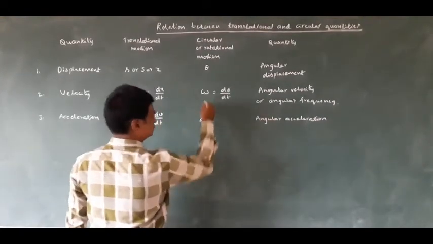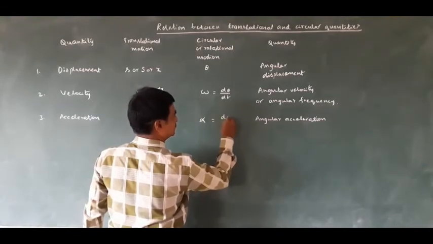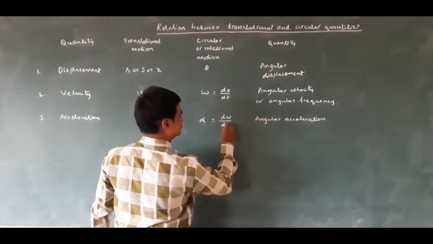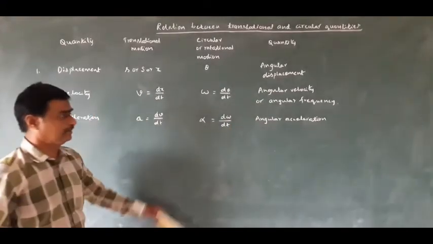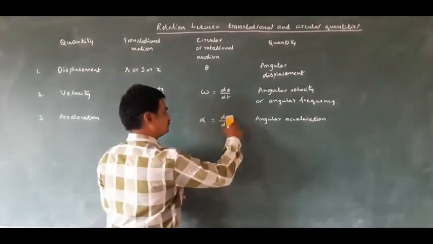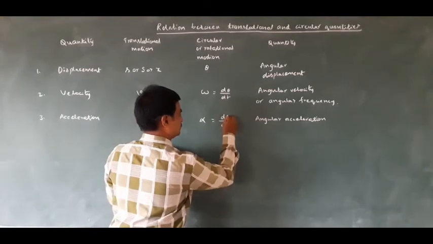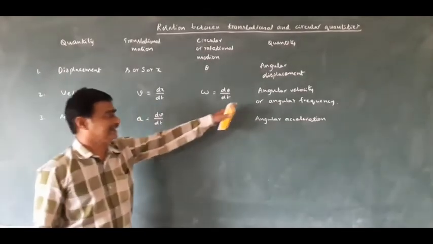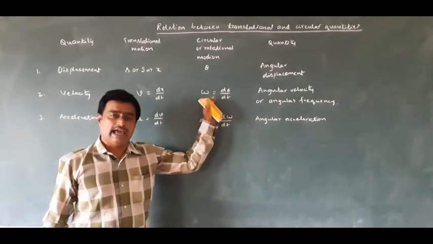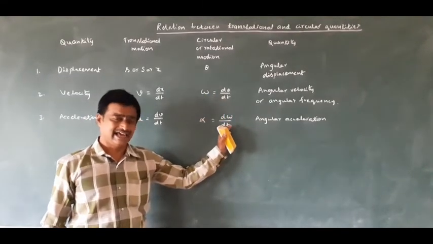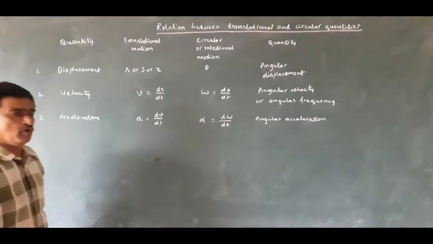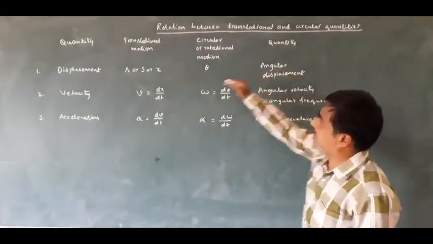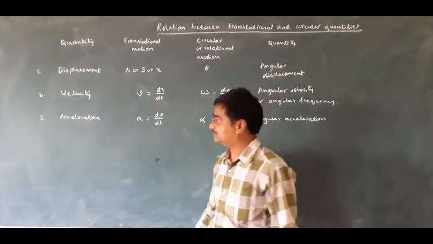Angular acceleration is equal to d omega by dt. The rate of change of angular velocity is angular acceleration. Now we see the equations connecting these quantities.